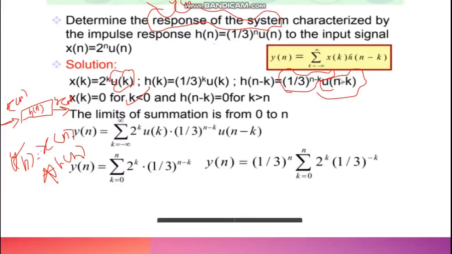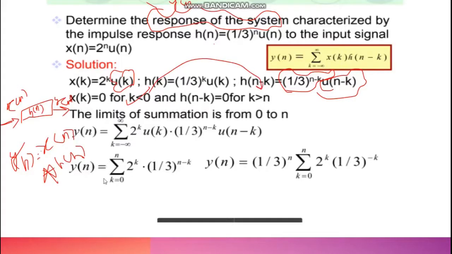If you look, u of n minus k is a signal whose value is 0 for k greater than n. In other words, the signal exists from n to minus infinity. So we can say h of n minus k is equal to 0 for k greater than n. Now the limits of the summation is 0 to n.